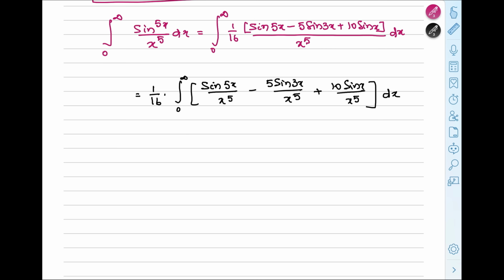We will integrate separately each and every part. Denominator for all of them is x to the power of 5.